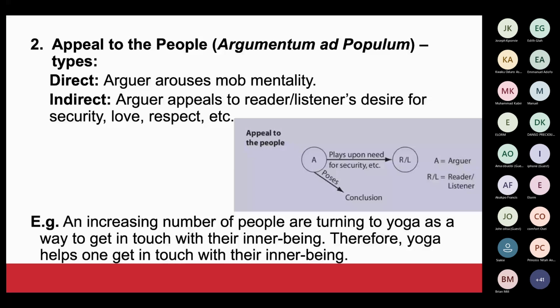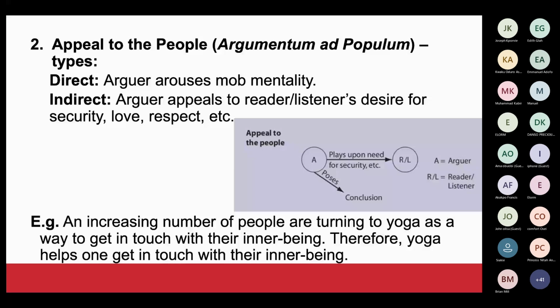All right, so you can find an example here. An increasing number of people are turning to yoga as a way to get in touch with their inner being. Therefore, yoga helps one get in touch with their inner being. So what is happening here? The arguer is trying to elicit the listener's desire to get in touch with himself, or for relaxation, the desire to function in a certain way.